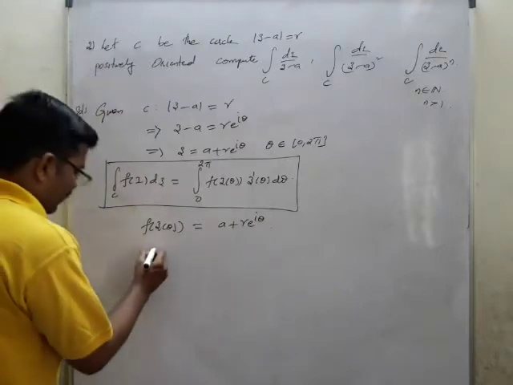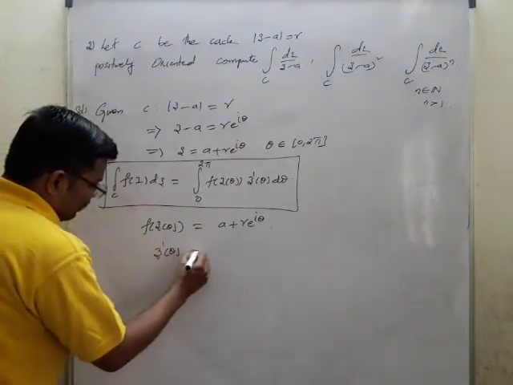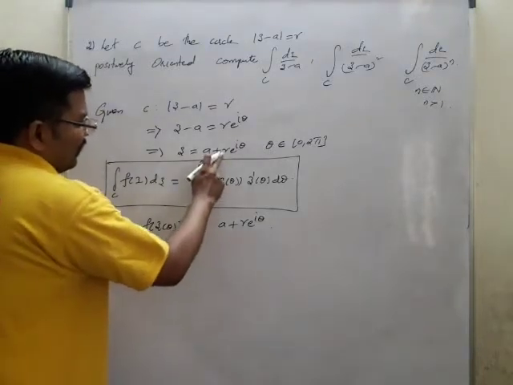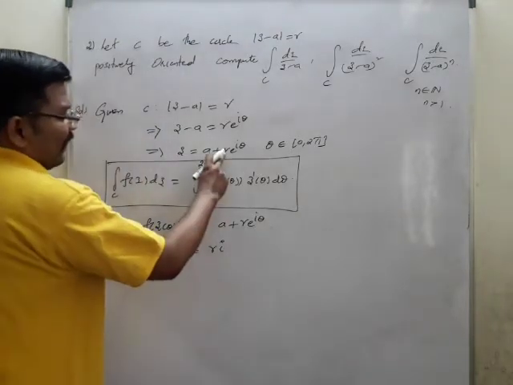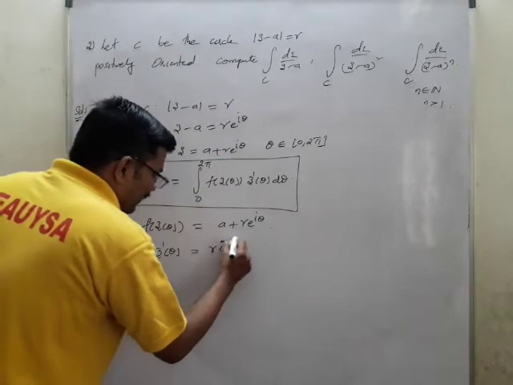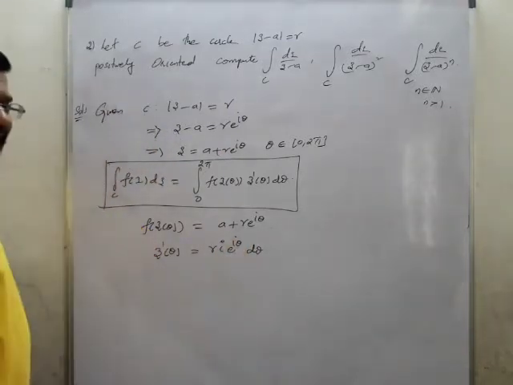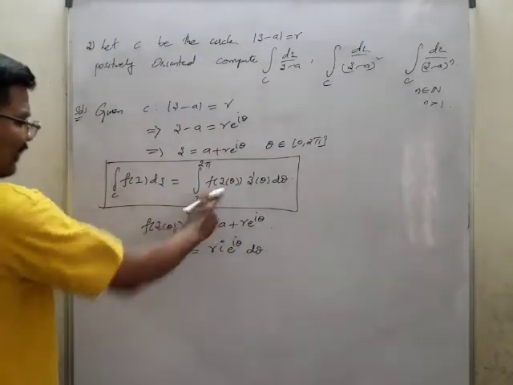This is z of theta. Now z dash of theta is, you will be getting r i e power i theta d theta. So I'll substitute in this.